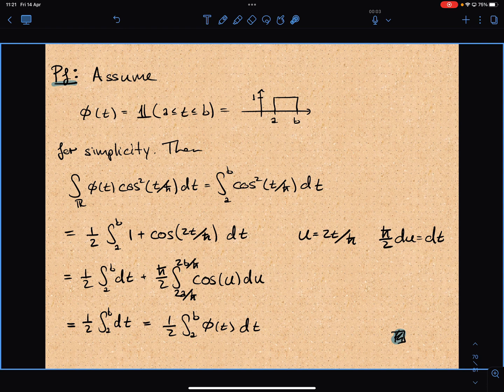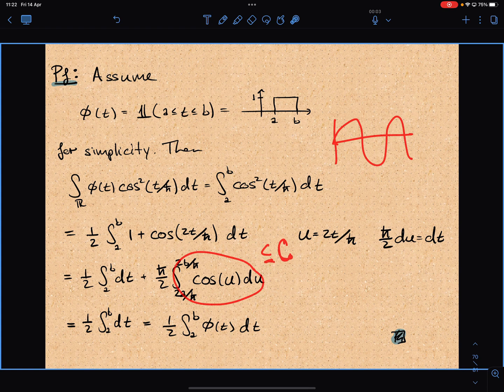Then I have an integral from 2a over h bar to 2b over h bar of cosine u du times h bar over 2. The trick here is that since cosine is an oscillating function, this integral is always going to be bounded by a constant. And we have h bar going to 0. So this integral is bounded, we multiply it times h bar, and as h bar goes to 0, this whole thing goes to 0.